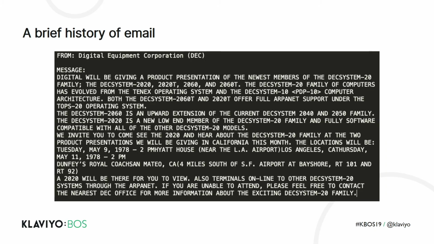It was then in 1976 that the first marketing email was sent. And so this is the first marketing email. It was from Digital Equipment Corporation selling the DEC System 2020. I don't know if all of you still have your 2020s at home. I know mine's in the closet. But this was sent to 800 people who were definitely not subscribers.